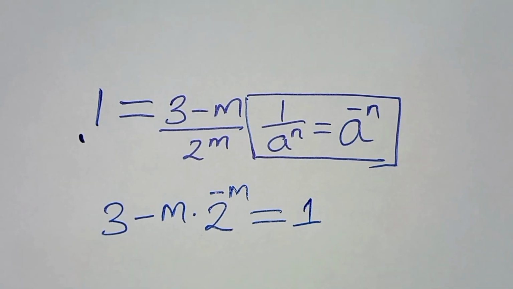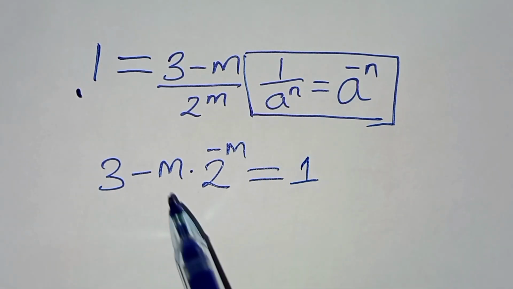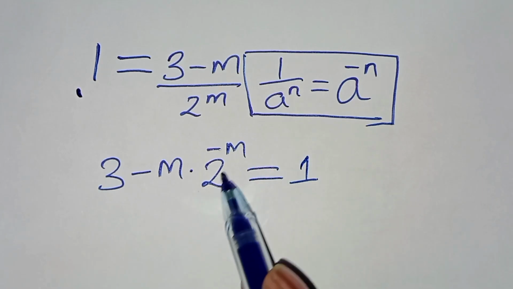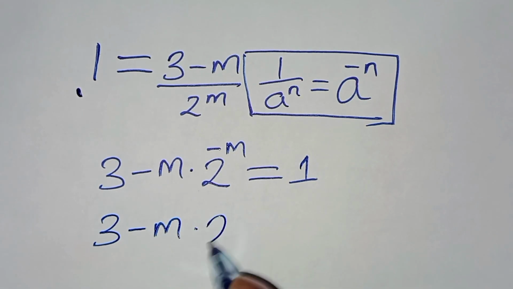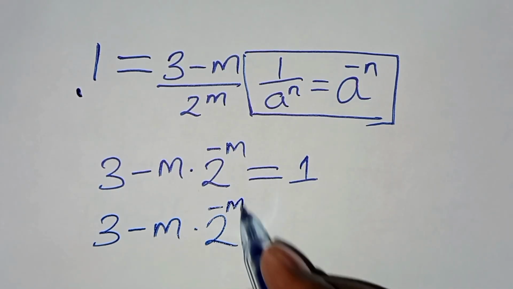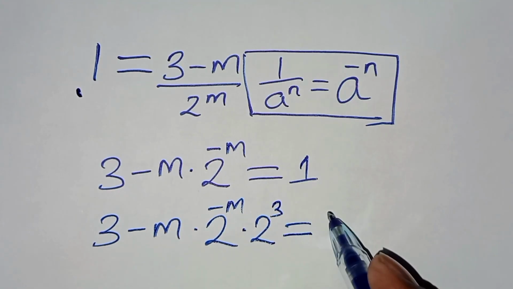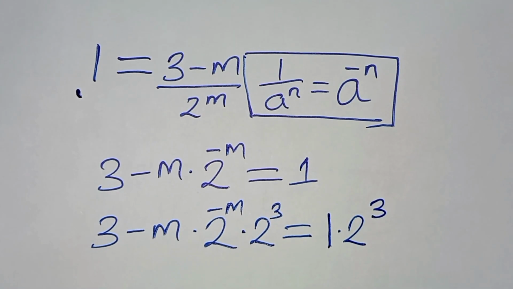Okay, now the next step here, let's multiply both sides. You can see here we have 2 to the power negative m. So let's multiply both sides by 2 to the power 3. On the right hand side, you have 1 times 2 to the power 3.